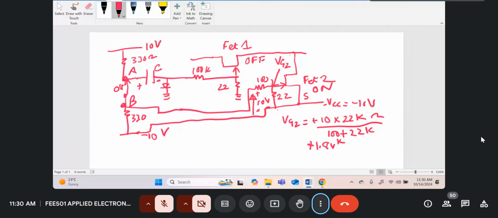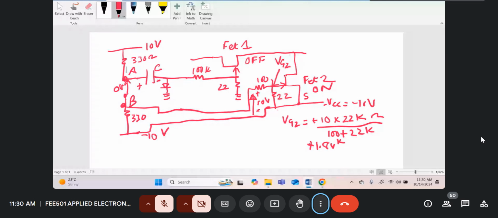Next, what is going to happen is that point A and B will open. So when point A and B open, then the top transistor will give about 1.8 volts to drive FET1, and the bottom transistor will be connected to the minus 10 volts.